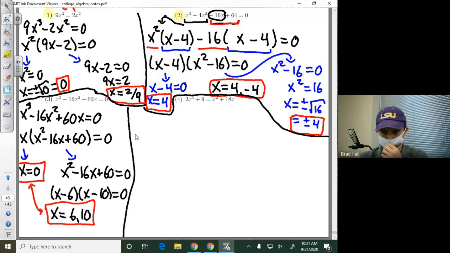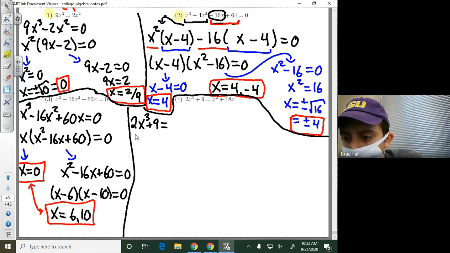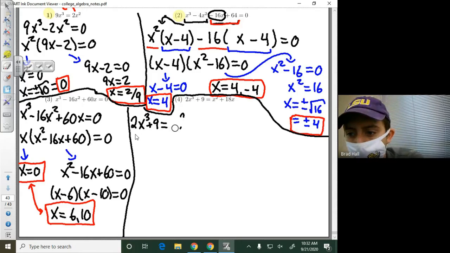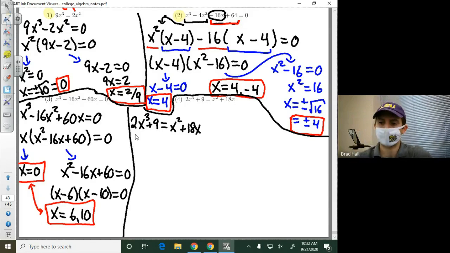So finally, part 4, and I'll go ahead and rewrite it. So for this equation here, we want to go ahead and set it equal to 0. So put it in standard form.